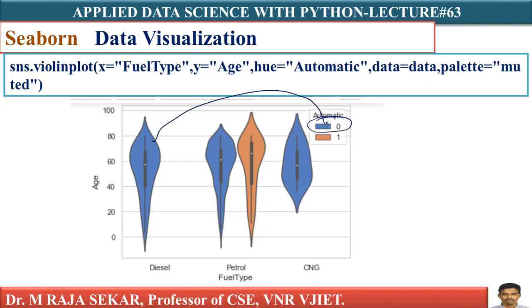Here you have it, here also. It means all types of fuel cars have manual gearbox. But this color you can see only here. What does it mean? Only petrol cars have an automatic gearbox, isn't it? This indicates automatic, and this indicates manual gearbox cars.